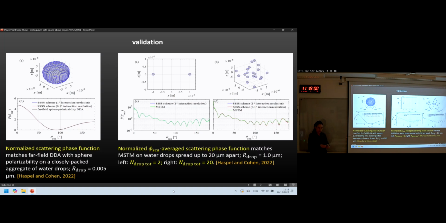I had to do it on a much smaller cloud where those models work. Here are some graphs showing that the curves of the SSSS fall so closely on the other models. For these small clusters, you can't even see that there's more than one curve. It exactly reproduces results of one model, and these two reproduce the results of another model, again, when the drops are close together and not like a real cloud.